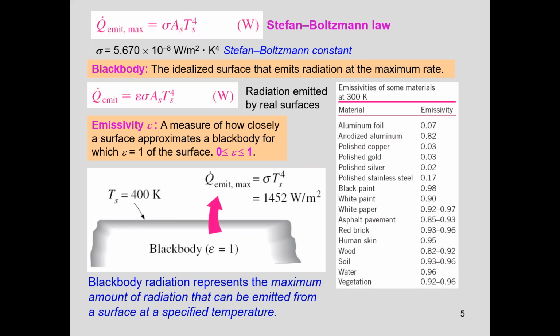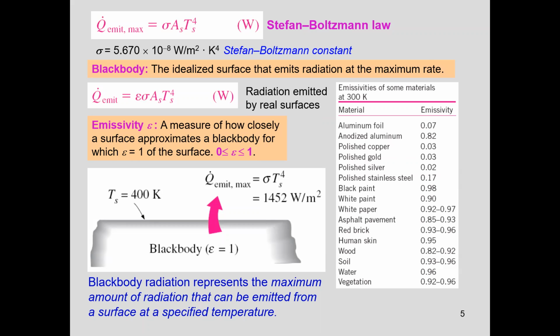A black body is basically an idealized surface that emits radiation at the maximum rate. Emissivity is also defined here, which is the measure of how closely a surface approximates a black body, for which the emissivity is 1.